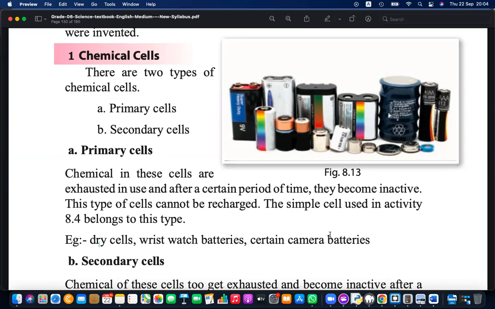You have to use it and then recycle. It's not possible to recharge. Even if you try to recharge, it will become very hot and simply will not respond. Other than that, the electrical charge will not be there. Right? So that is the issue of this primary cell.